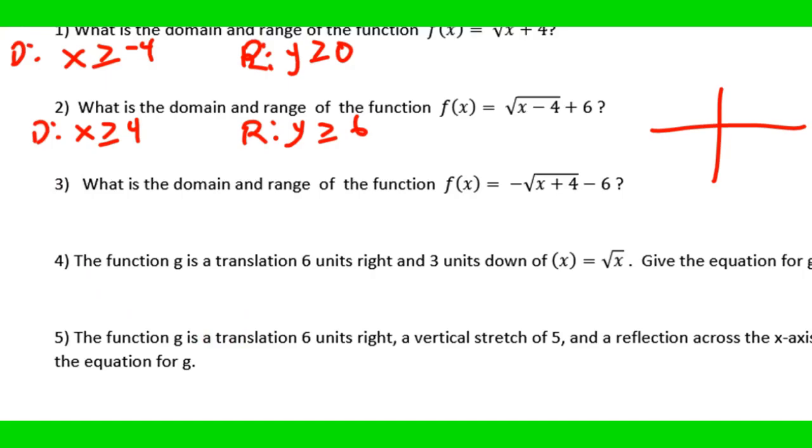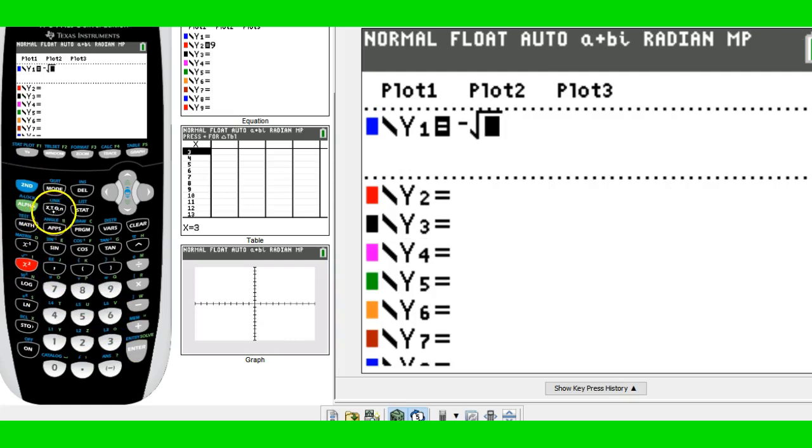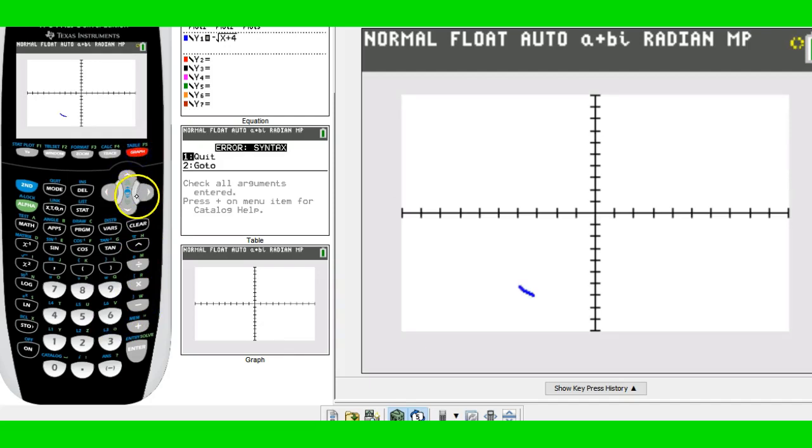Let me check it. Let's put in that equation. We have negative square root of x + 4, and then outside the radical, we have -6, like that. So we hit graph. Let's see what we get here. Yep, there we go.